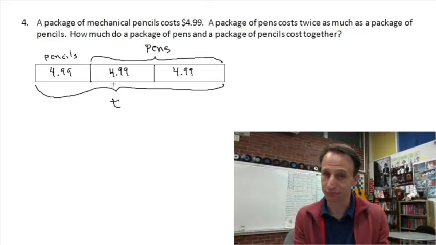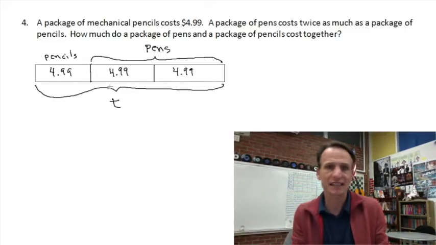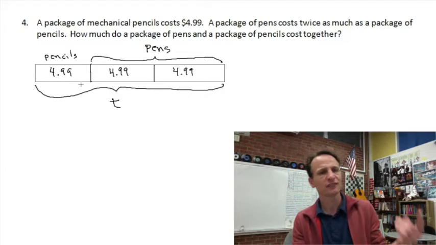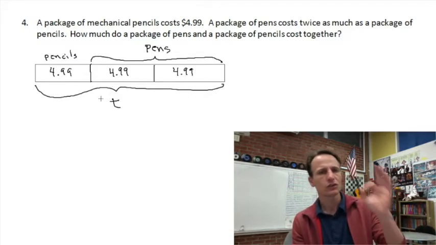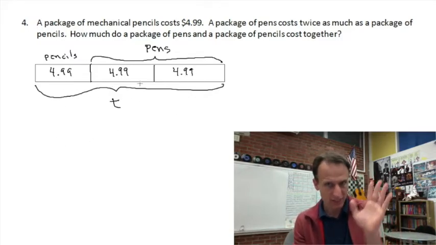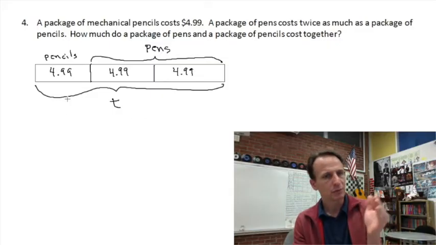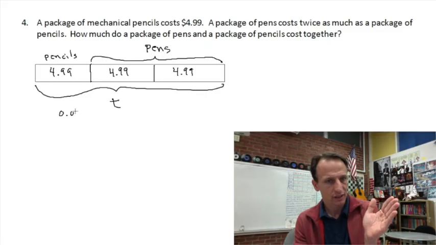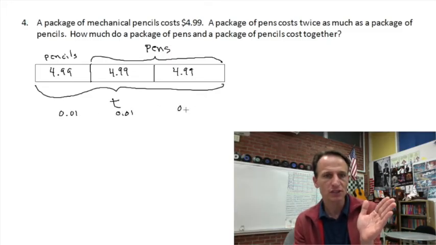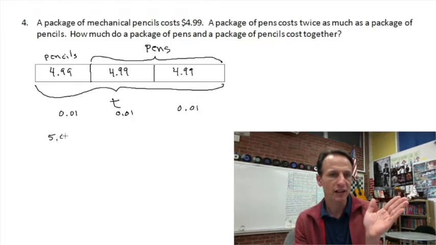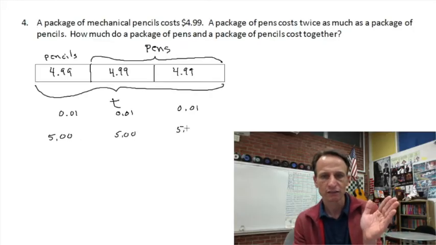$4.99, well, that's very close to what? That nice juicy $5. In fact, it's a cent off. So watch this. I'm going to write this out. You don't have to write this part, but if I add a penny to each of these to make them so much easier to work with, because that'll make them $5 and $5 and $5.